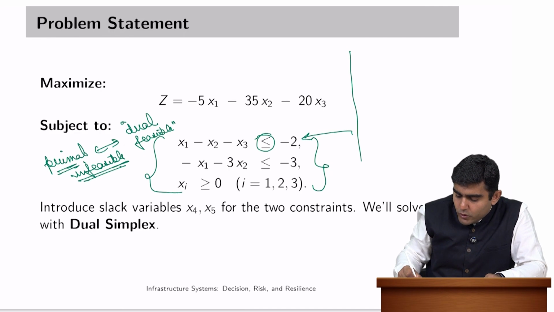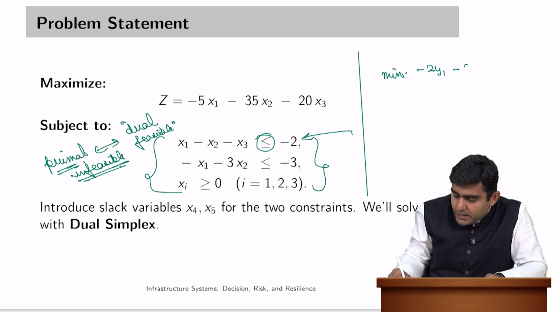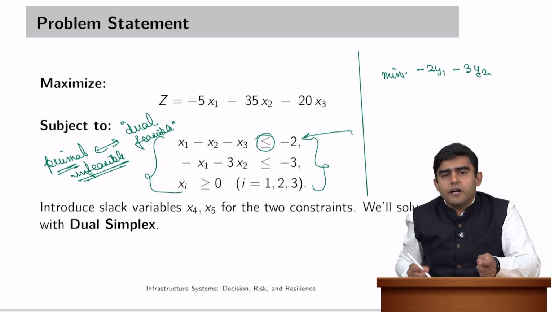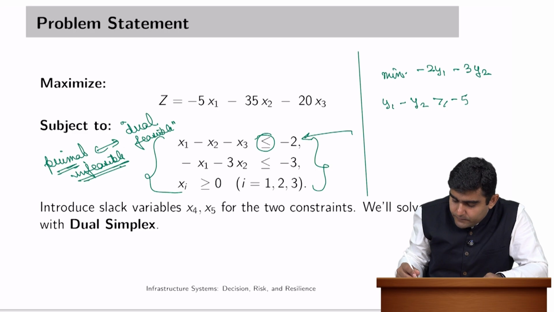The equivalent dual form would be a minimization problem: minus 2y1 minus 3y2, where y1 and y2 are shadow prices now, and the constraints become y1 minus y2 greater than or equal to minus 5, and minus y1 minus 3y2 greater than or equal to minus 35.